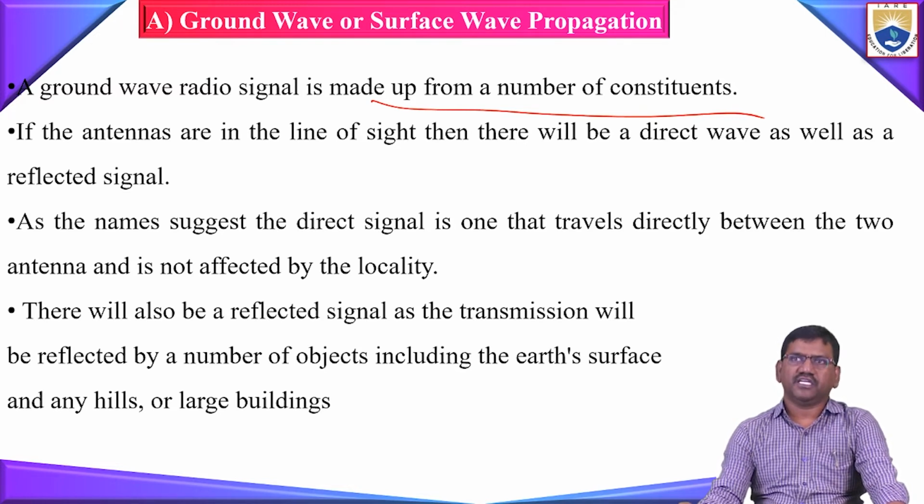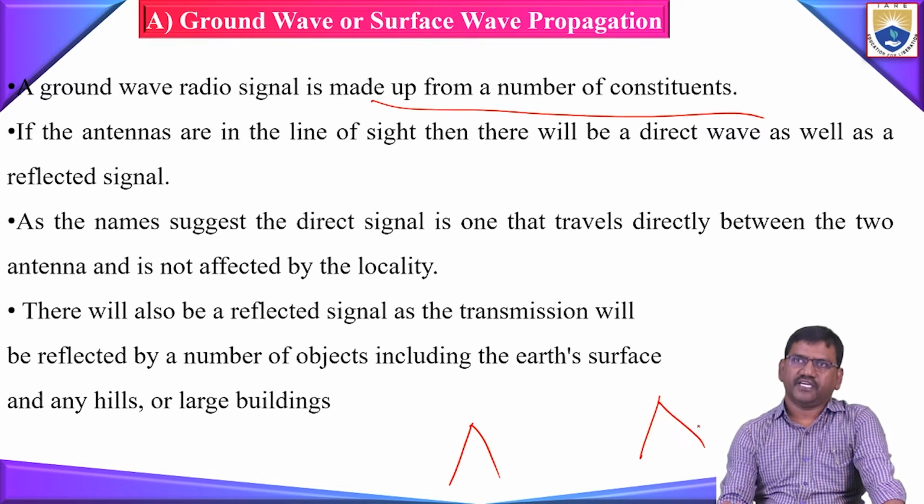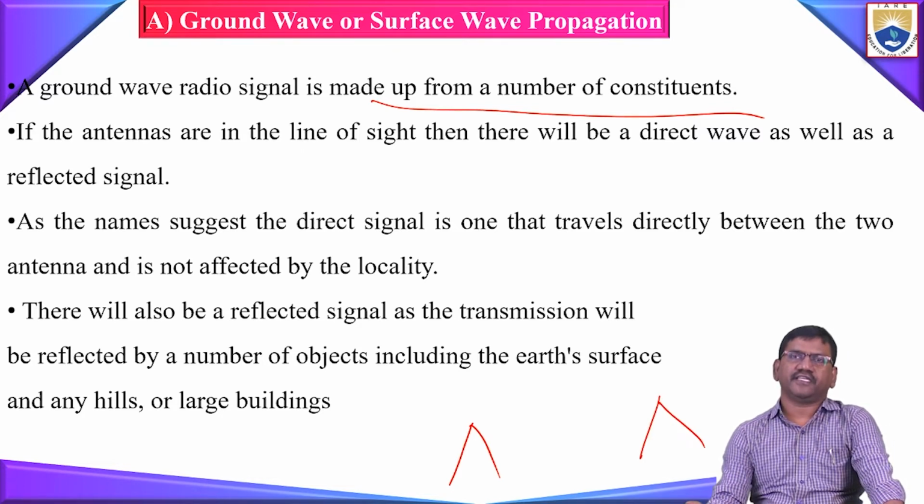If the antennas are in line of sight, then there will be a direct wave as well as a reflected signal. As we can see here, this is the transmitting antenna and this is the receiving antenna. If there is no obstacle between the transmitting antenna and the receiving antenna, then a direct path is established between them.